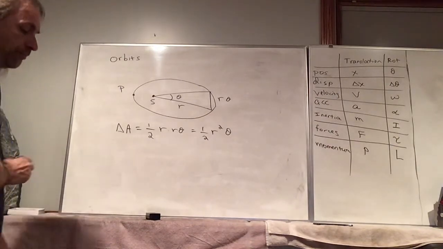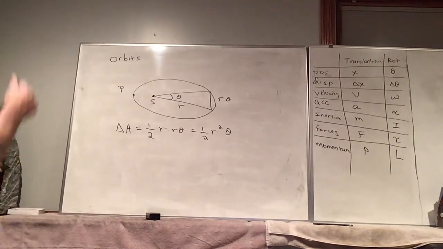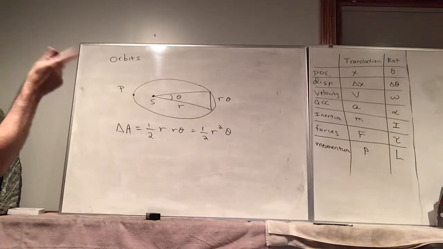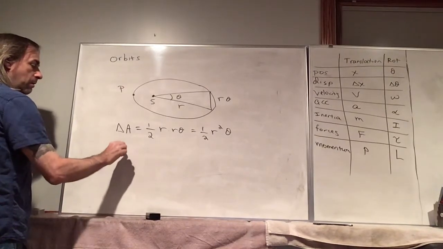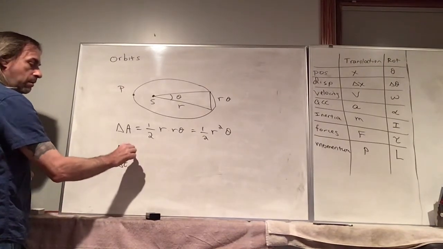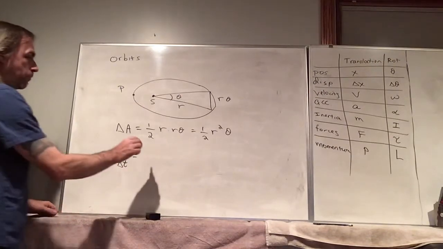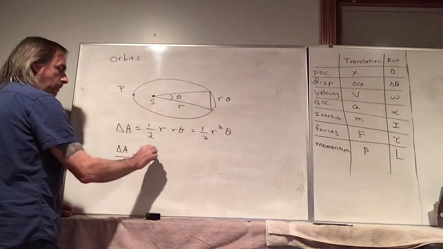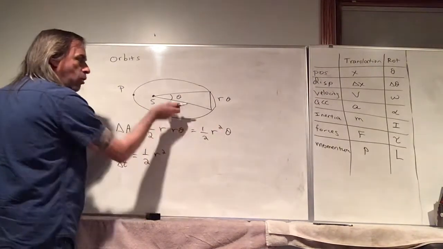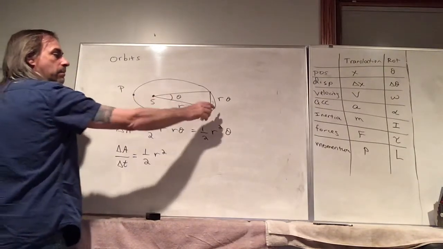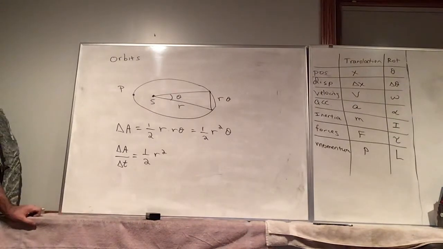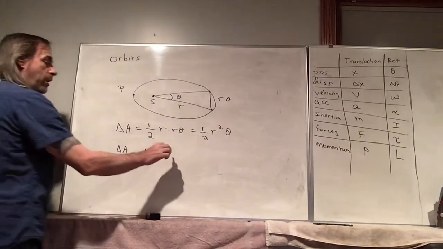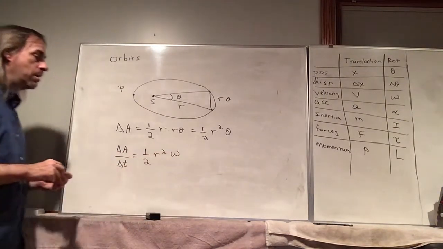And what I'm going to do is, let's see, if we divide by delta t, the time interval from here to here, then theta over t gives us 1/2 r squared omega.